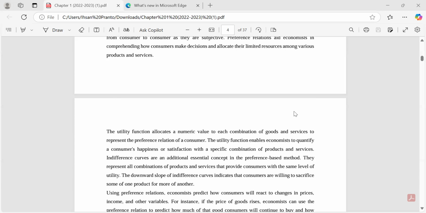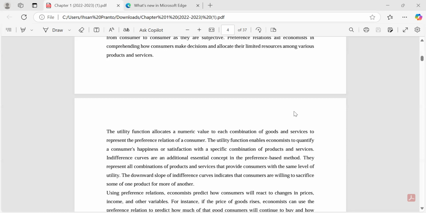In demand analysis, it explains how preference influences market demand. In welfare economics, it assesses social well-being based on aggregate preference also. Preference relations are fundamental for understanding economic behavior and form the basic things in microeconomics.